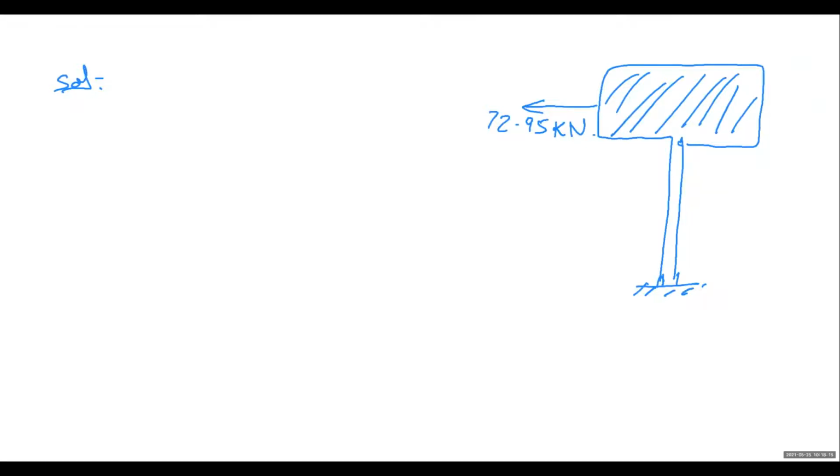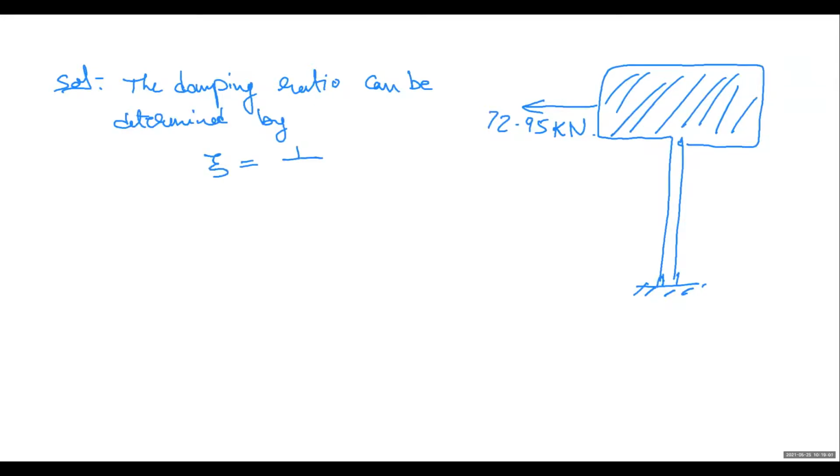In the free vibration test, the damping ratio can be determined as ξ = (1/(2πj)) ln(xᵢ/xᵢ₊ⱼ).